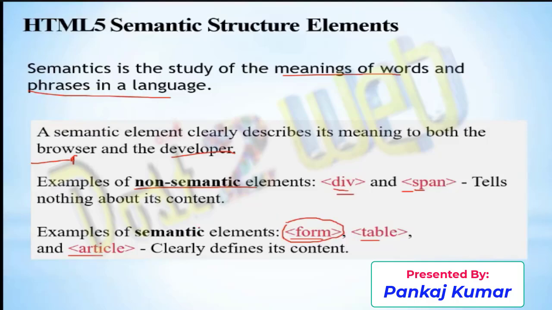Here you will have a table displaying information, an article you will be highlighting, but a paragraph or a span is just that, all. So these are the two kinds, semantic and non-semantic elements.